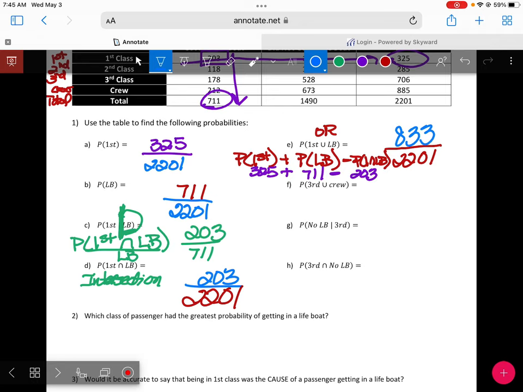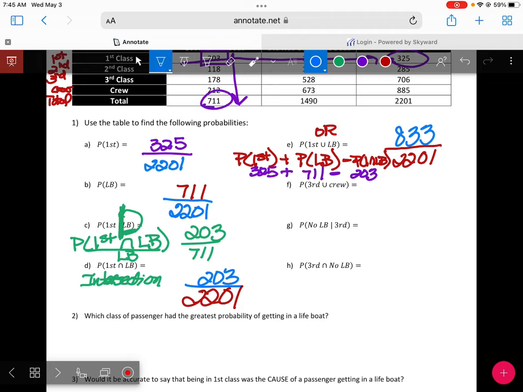All right, letter F. Well, first of all, any questions about letter E? Yes, okay. I don't get how you got the 833. Okay, do you understand that that is an or statement? Because it's a union.